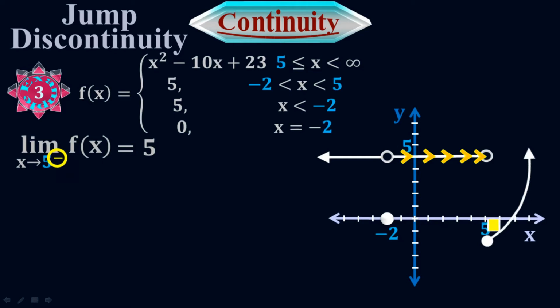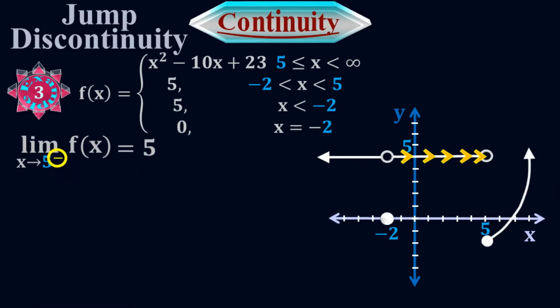So approximately at x equals 5, this piece of the graph makes the point 5 here. 1, 2, 3, 4, 5. Remember, this is the approximate 5, not the perfect 5.